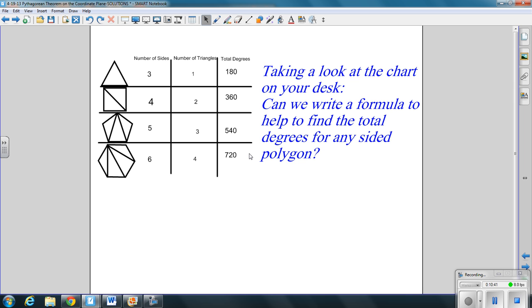So let's take a look at this chart. Turn your paper back over. And this is all the information that you should have written down. Can we write a formula to help us find the total degrees for any sided polygon?